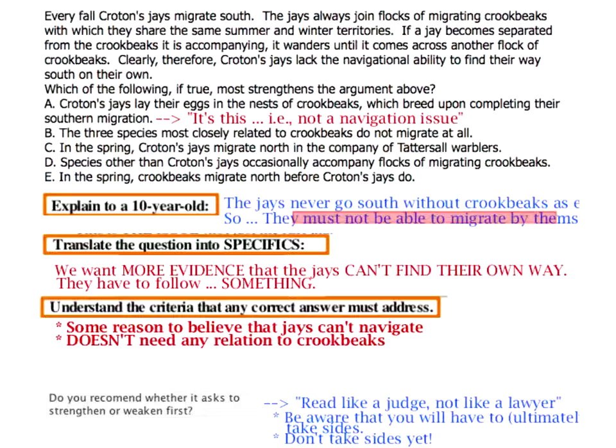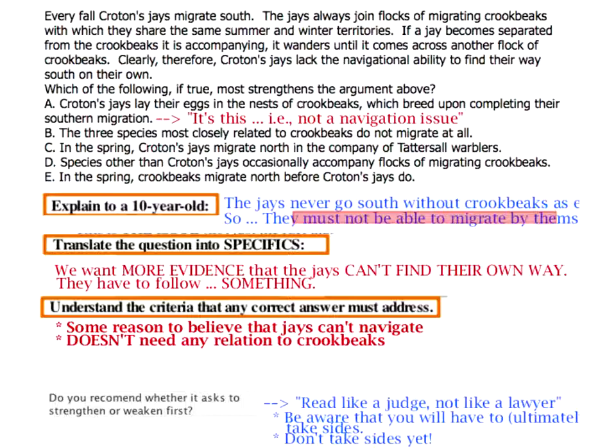A says that they follow the crook beaks to make it easier for them to have baby birds, not to navigate. It's like they're following them down there for spring break to have babies. It's not by accident, like human spring breakers.